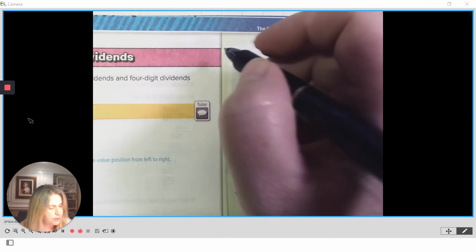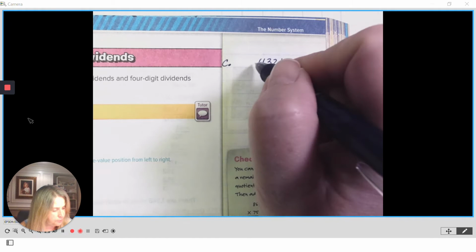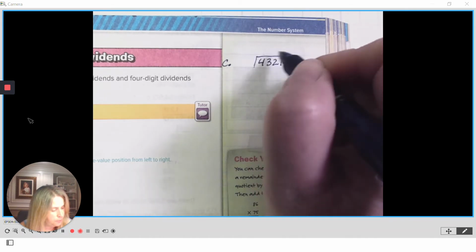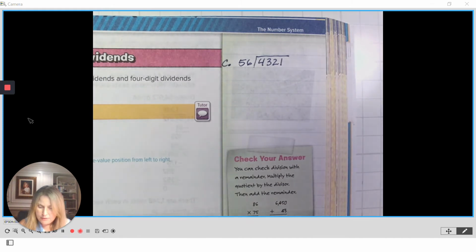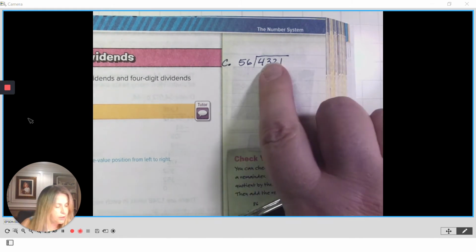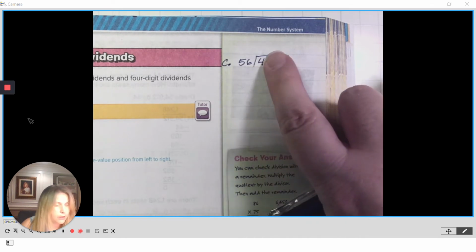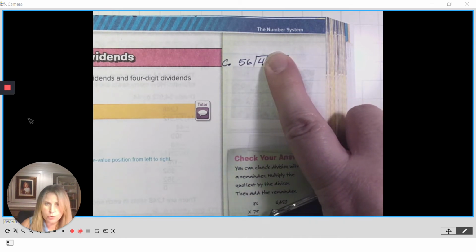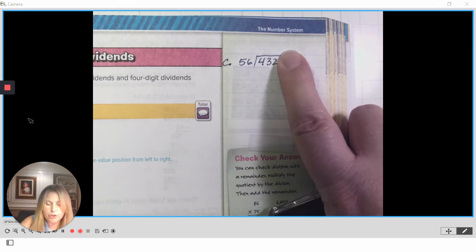This is example C, divided by 56. So I look at 56. Can it go into 4? No, it's too big. Can 56 go into 43? No, that's too big. Can it go into 432?